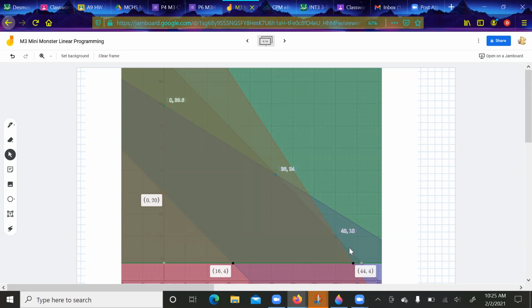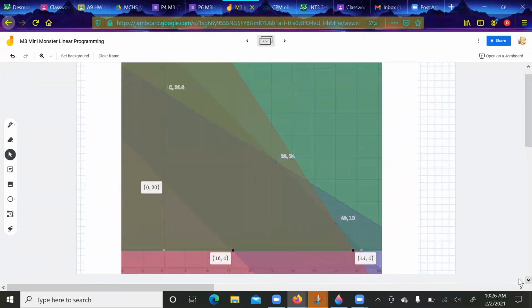And then the other line here goes through 44, 4. I don't know what point this is. Can somebody see what point that is? My graph is really dark. Let's see if I can move my page so we can see the coordinates.